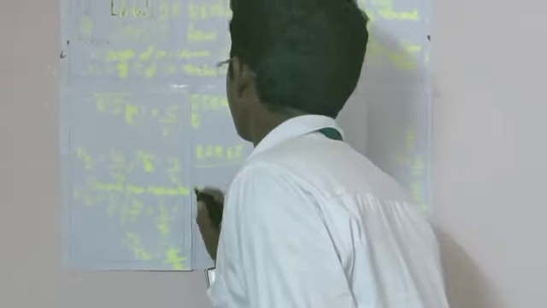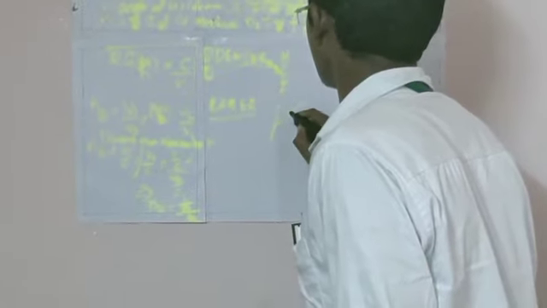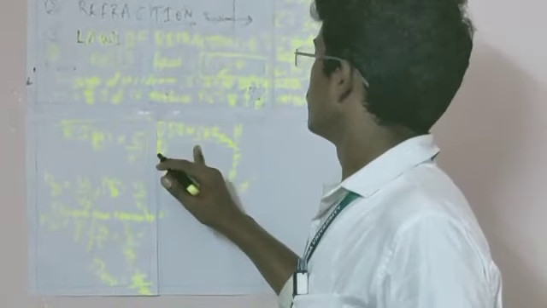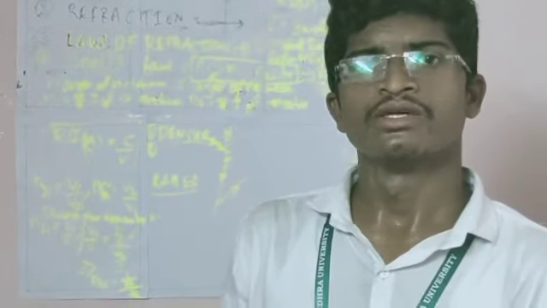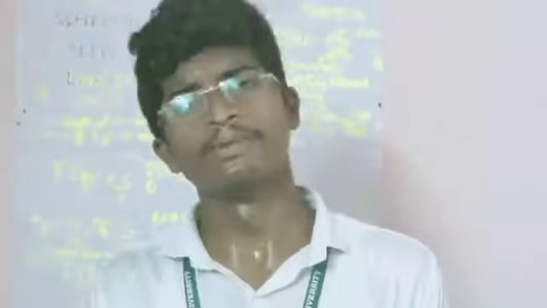When a light ray coming from a place bends away from the normal, that is a rarer medium. When a light ray bends towards the normal, it is a denser medium. When it moves away or bends away from the normal, it is a rarer medium.